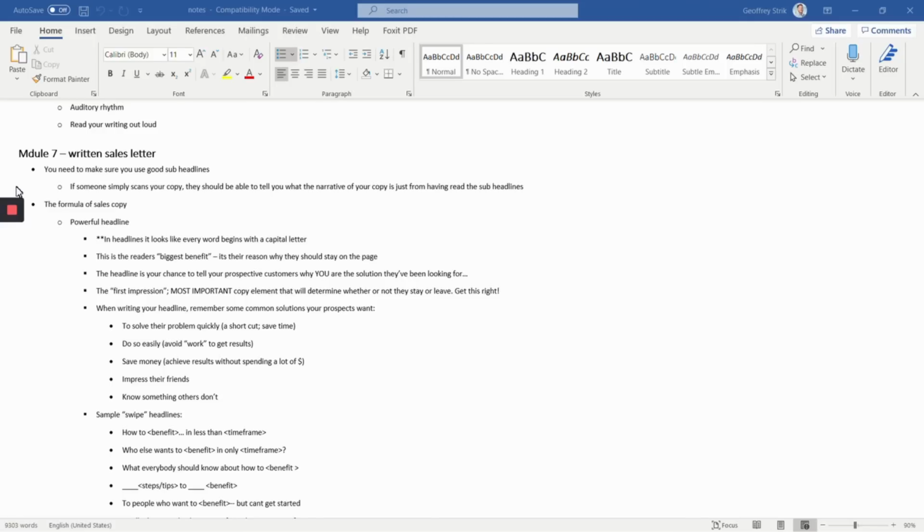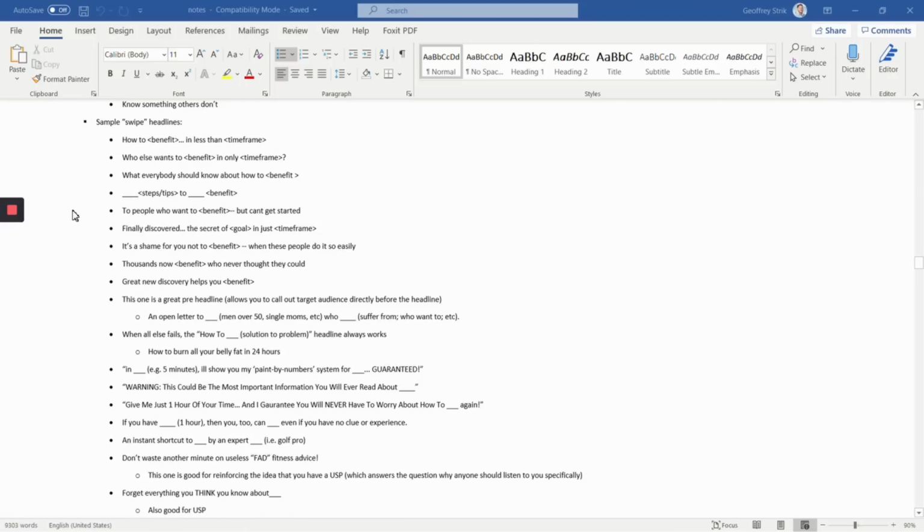You need to make sure, if you're using a written sales letter, that you use good subheadlines. If somebody simply scans your copy, they should be able to tell what your narrative of your copy is just from having read the subheadlines. So if we look at the formula of sales copy, we have the powerful headline, which we'll discuss.